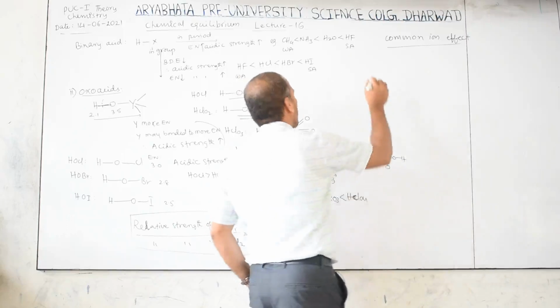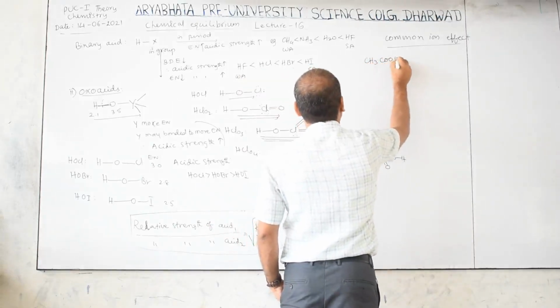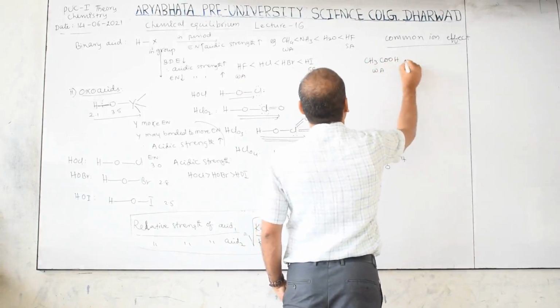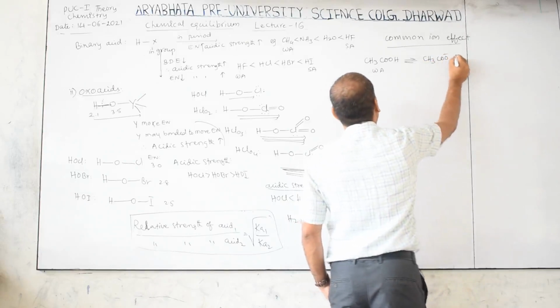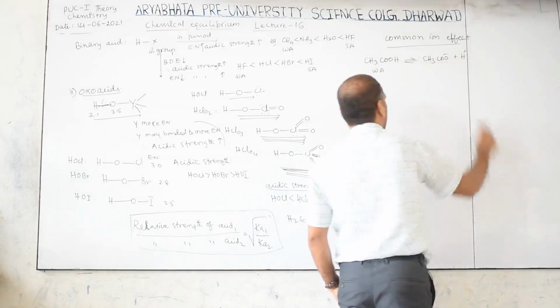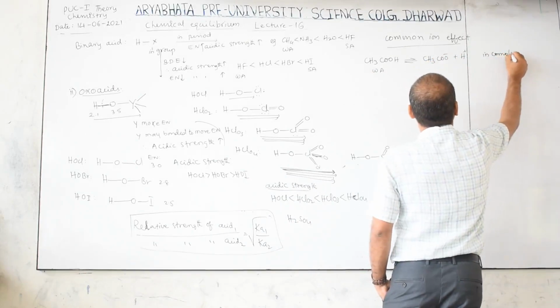So keep in mind, I am explaining the same concept here. CH3COOH is a weak acid ionized into CH3COO minus plus H plus. This is incompletely ionized.